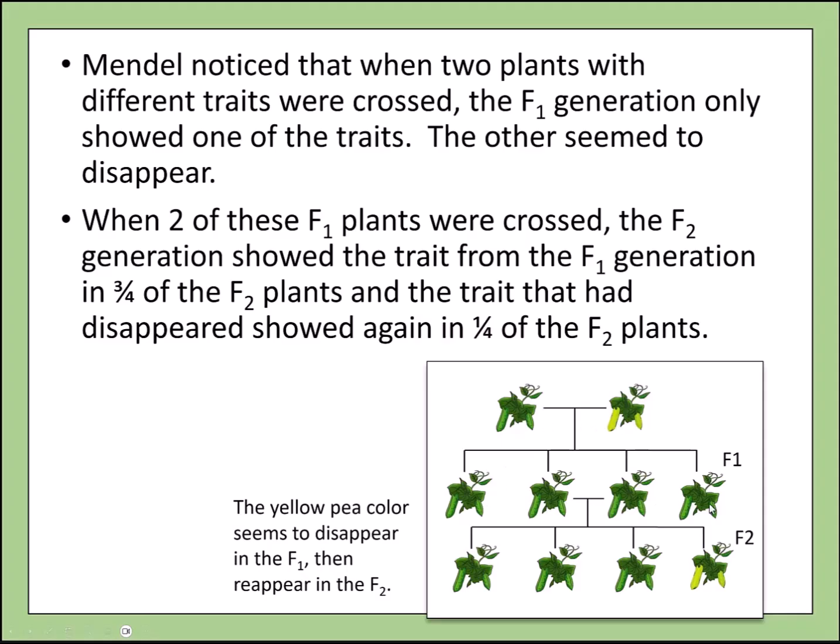One of the traits disappears, and then in the F2 generation, 3/4 of the plants would show this same trait from the F1 generation, and 1/4 of the plants would show the original other trait that had disappeared.